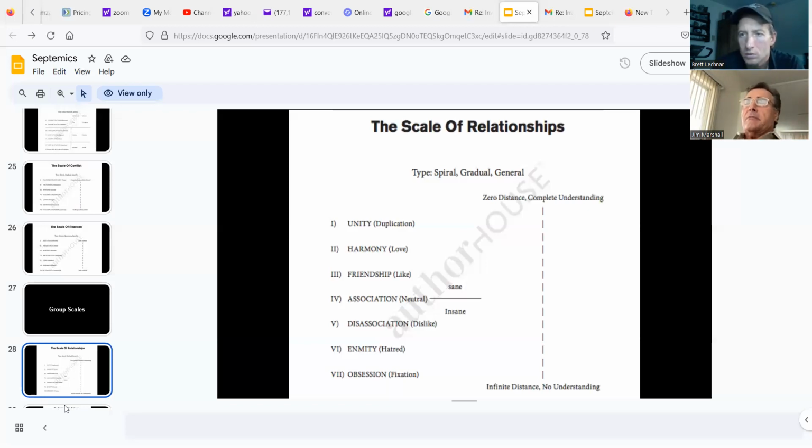So they are very sane people. So yes, I would say that, for example, there are millions and millions of people in America, like 100 million people who hate Donald Trump. So they're at level 6, hatred. Is that a good place to be? No.